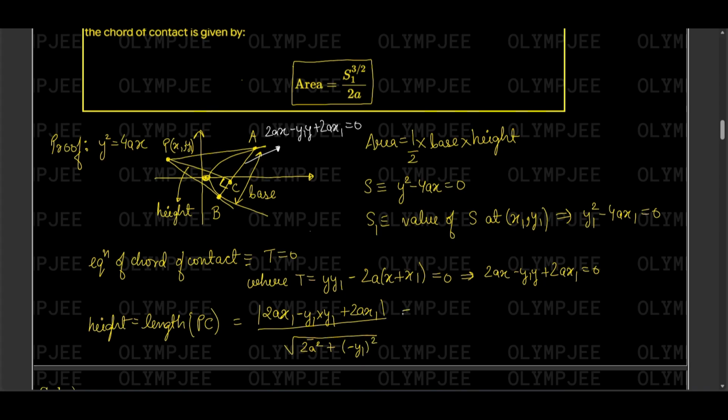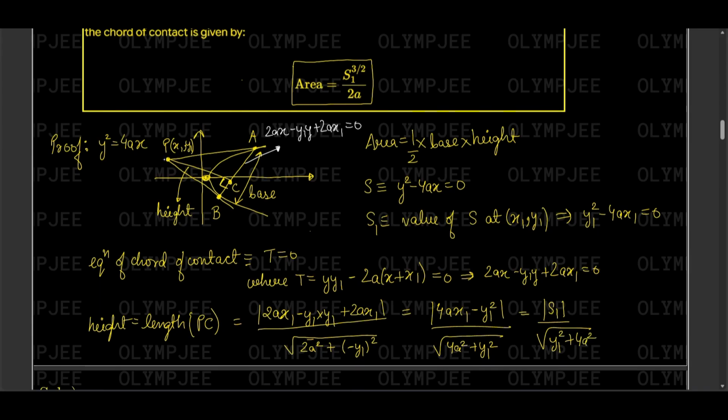So this will come out as modulus of 4a x1 minus y1 square, divided by root of 4a square plus y1 square. And notice that this is S1 only. So I will write this as modulus of S1 divided by root of y1 square plus 4a square.